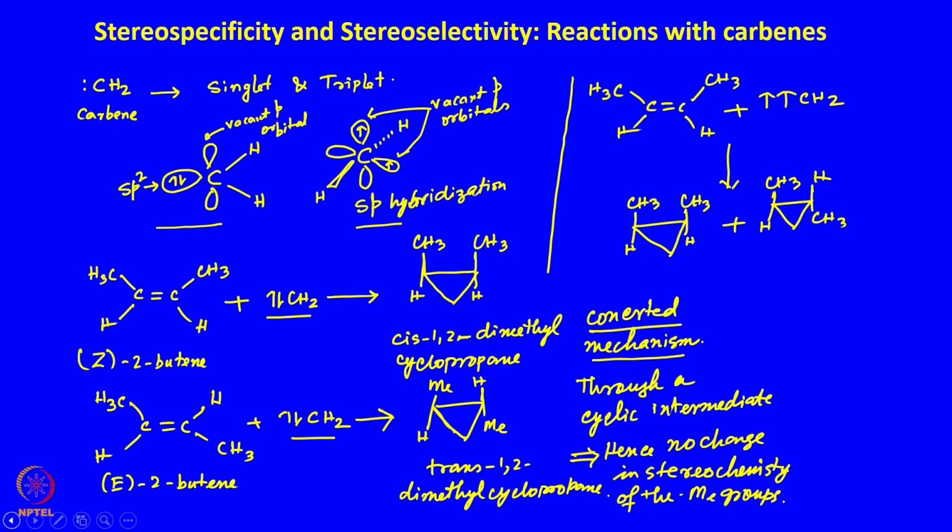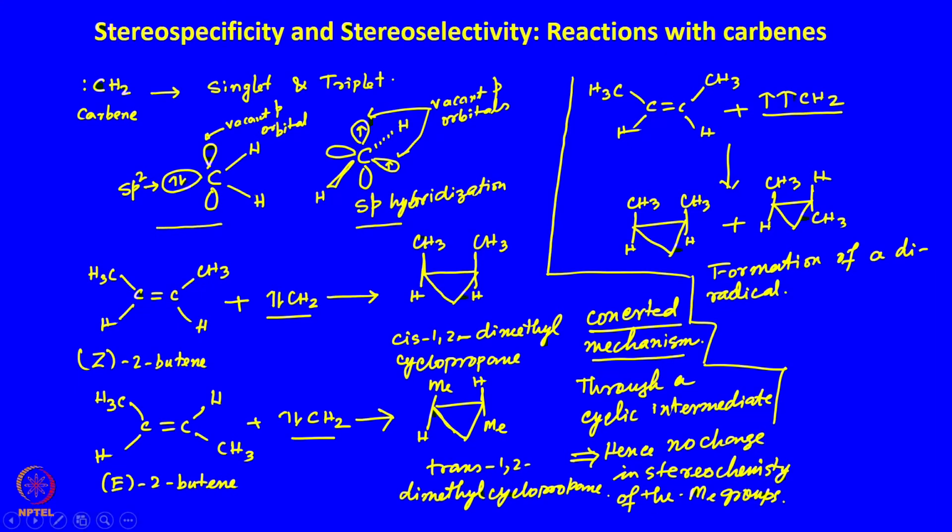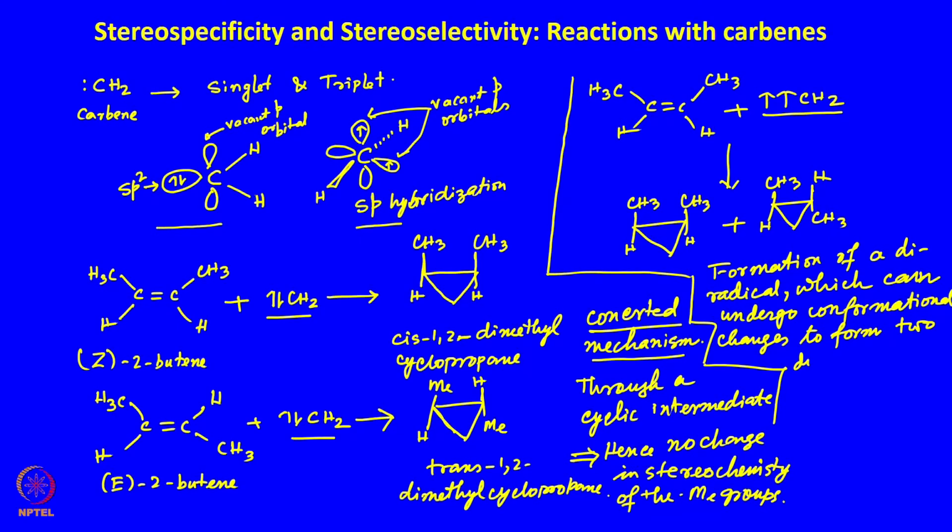But when the triplet carbene reacts, the reaction goes through a different mechanistic pathway, and it is believed that the reaction proceeds through the formation of a diradical, which can undergo conformational changes to form two different products.